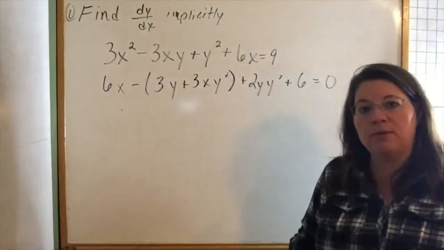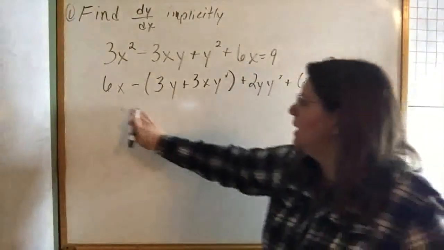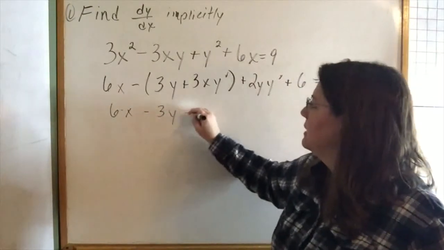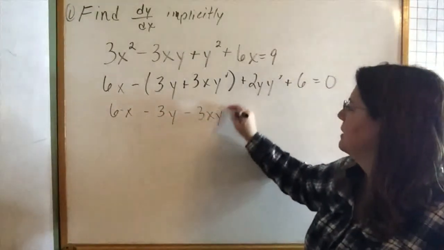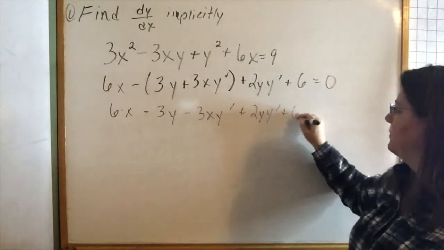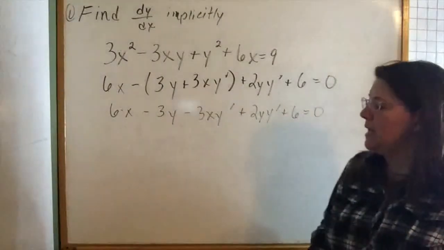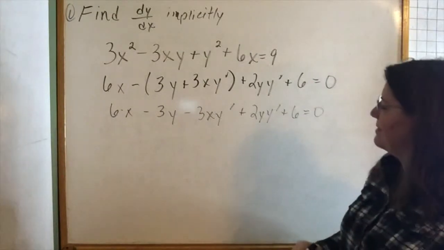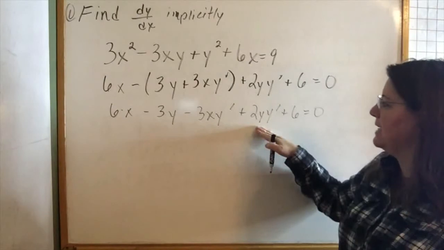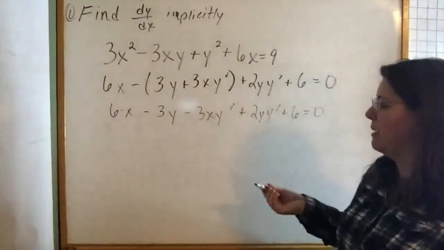The next thing we have to do is get y prime by itself. I'm going to distribute the minus sign. And then to get y prime by itself, I'm going to leave any term that has a y prime on the left-hand side and anything that does not have a y prime on the right.